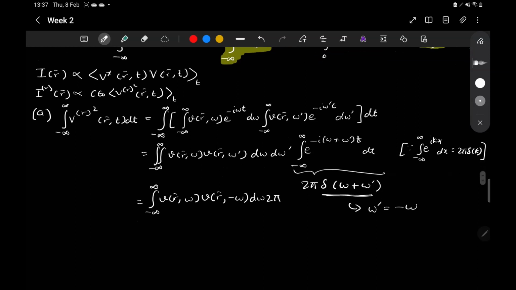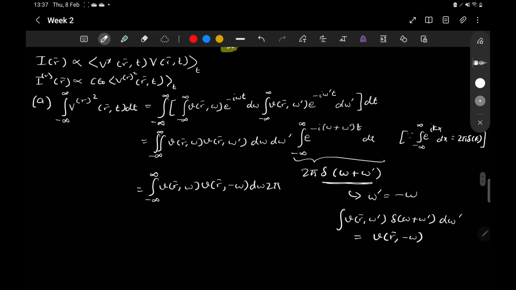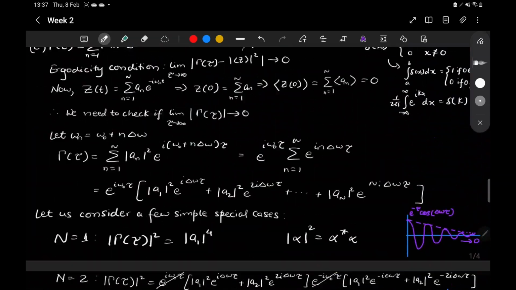Let me also rewrite that clearly over here. So what we had was this integral. This integral basically gives me the following, because this delta function picks out the value for which the argument is 0, as we saw earlier in the definition.